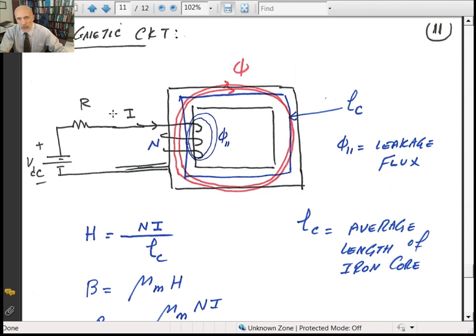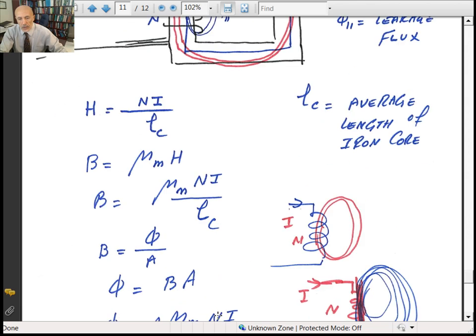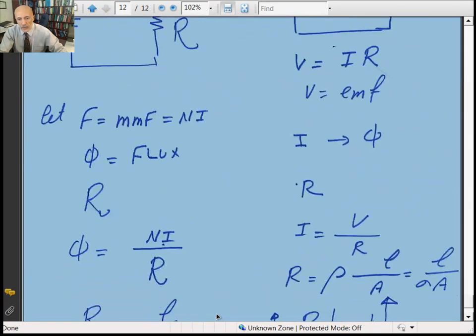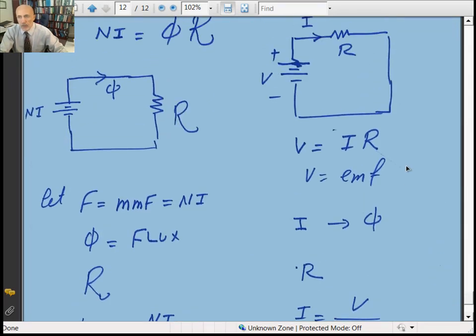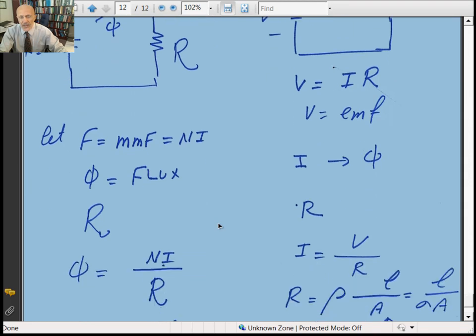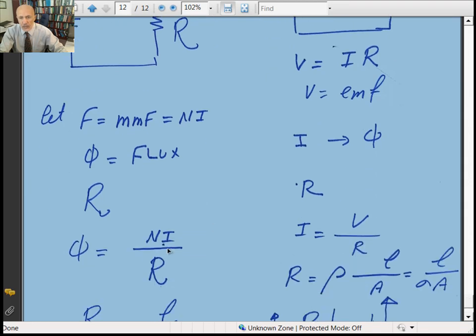Then you can generate a very high flux with a very small current based on this equation here. So the smaller the reluctance, it is very similar to the voltage. For a constant applied voltage, the smaller the resistance is, the higher the current is going to be. The same thing is always true. The smaller the reluctance, that means a higher magnetic flux for the given MMF. And so you can generate a very high line of flux.